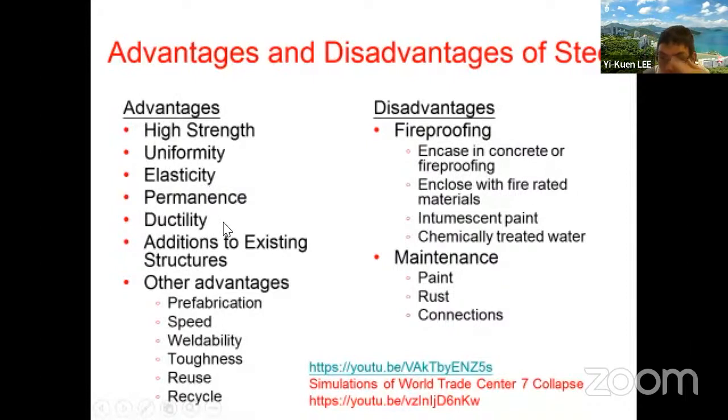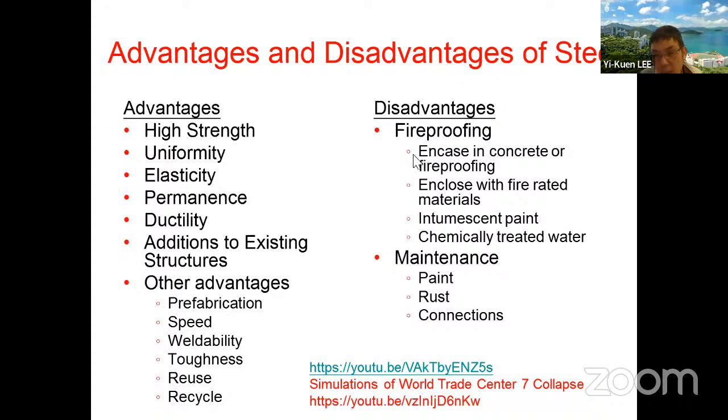That means it is more flexible compared with concrete. Concrete is more brittle; once you apply some loading, it can easily crack. But ductility allows you, under sudden loading, to not easily have cracks. So this is the same thing.